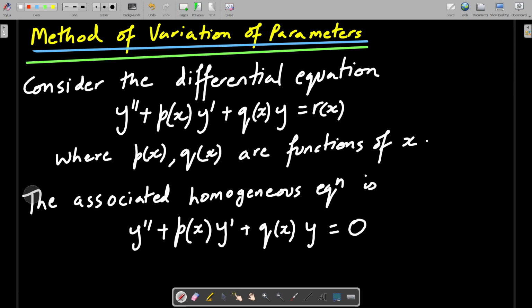Let's call the given equation as equation 1, and the homogeneous equation as equation 2.